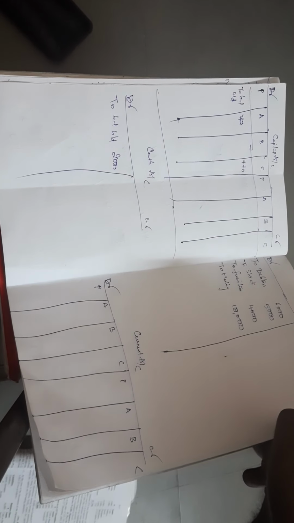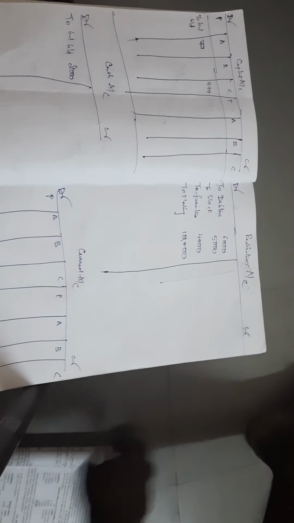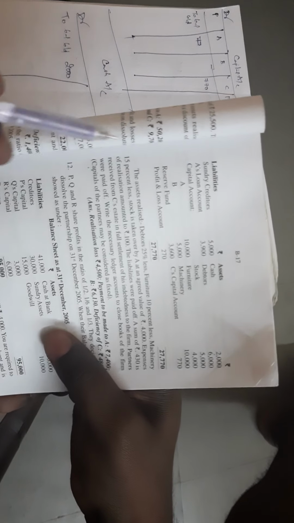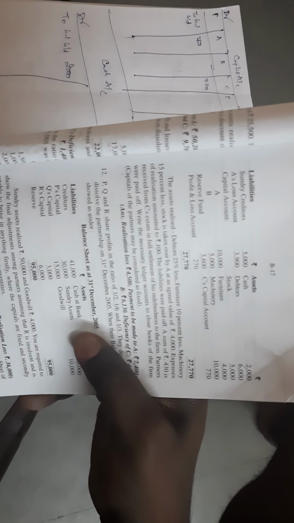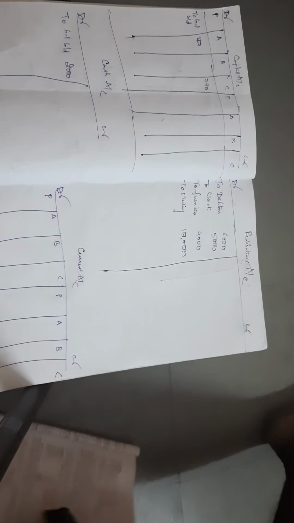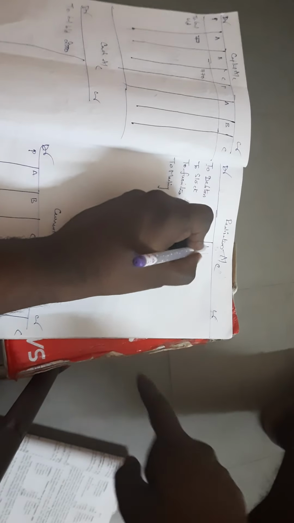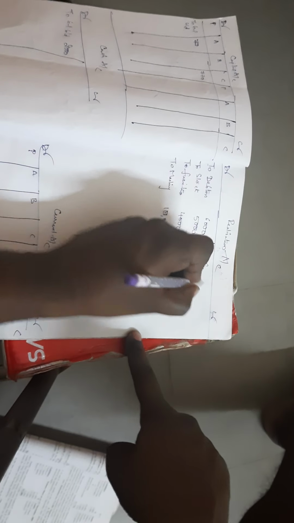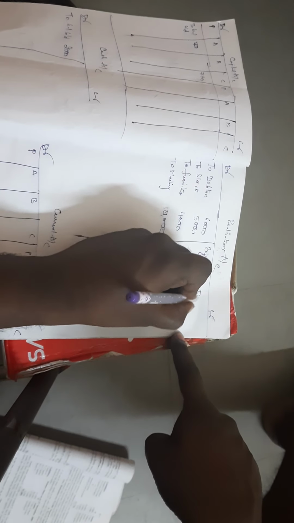Now we have to see the liability side: sundry creditors and A's loan. First I will transfer sundry creditors to the realization account credit side, and A's loan to the loan account. The sundry creditors amount is 5,000.